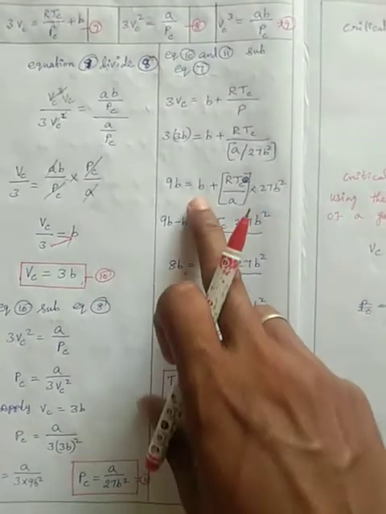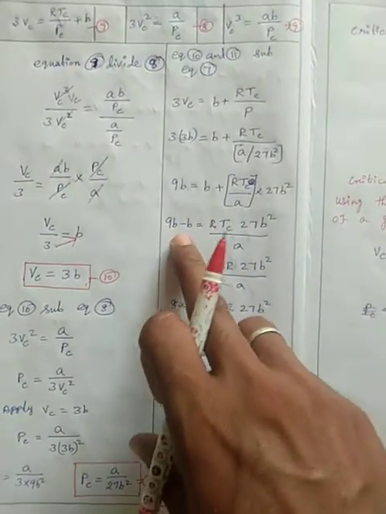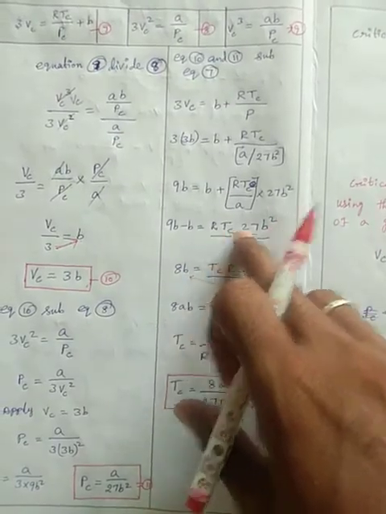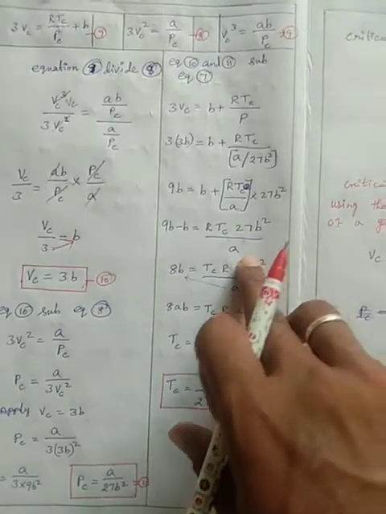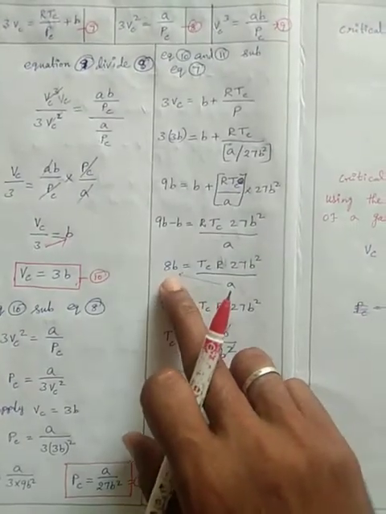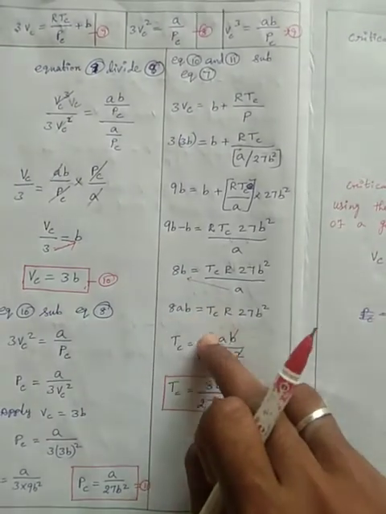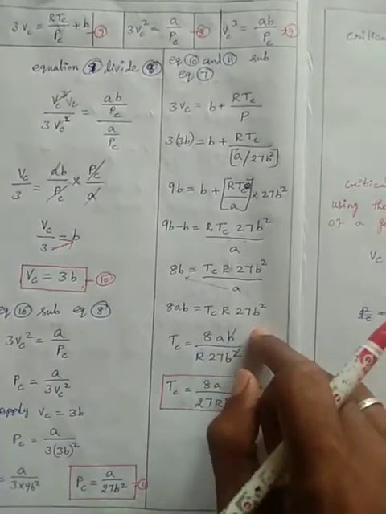Next step, b moves to the LHS: 9b minus b equals R Tc 27b squared divided by a. So a is multiplied on the LHS side: 8ab equals R Tc 27b squared.